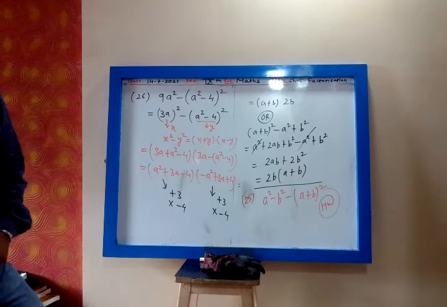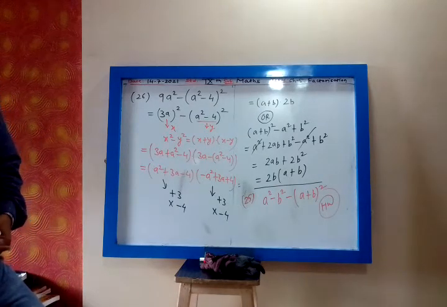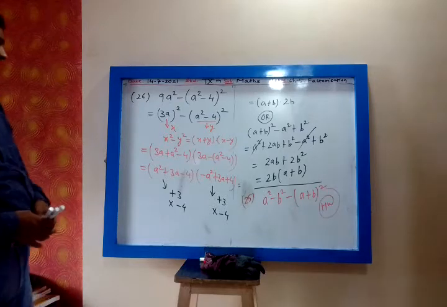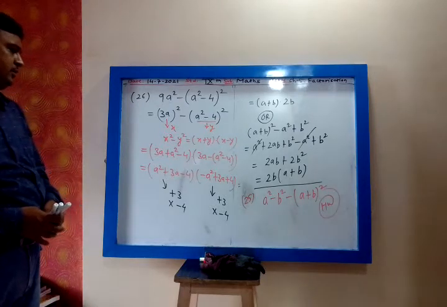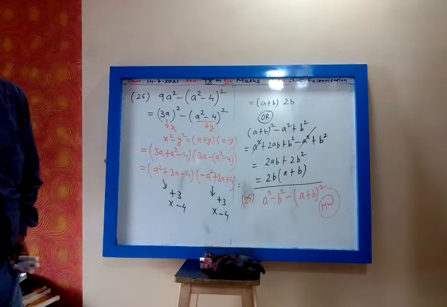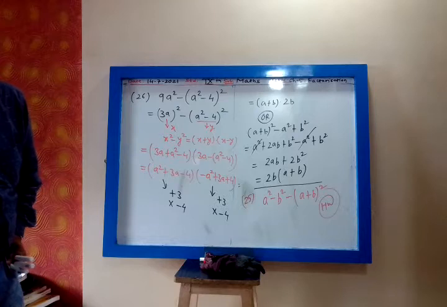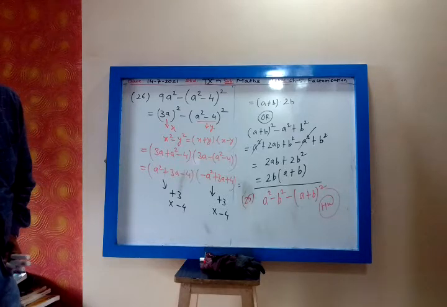Solve this further. So (3a plus a square minus 4) into (3a minus a square plus 4).